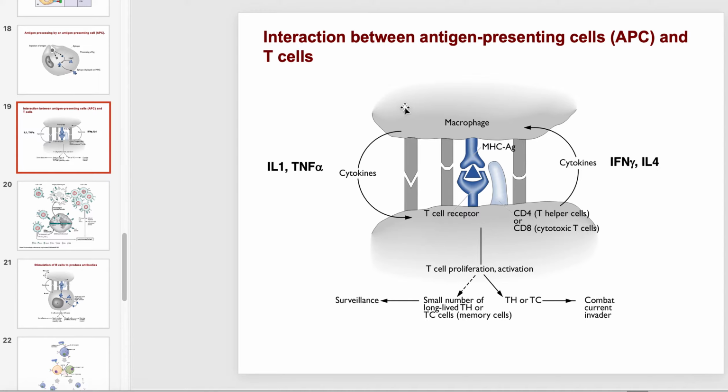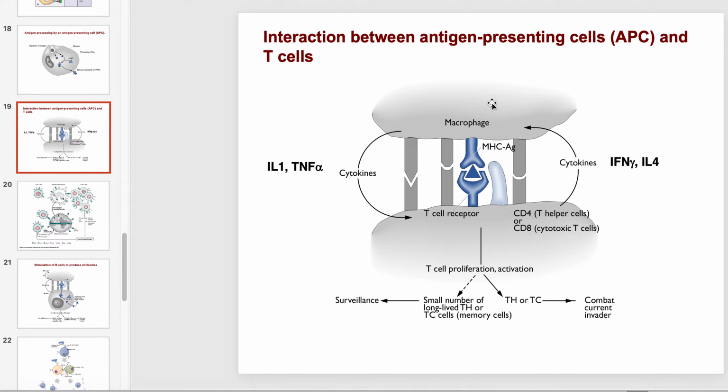So in this particular case, the macrophage presents the antigen on the MHC class 2. Here's the antigen right here, and it'll look for the right T cells that have the right receptor to recognize this. And so in this process, once the match is made, once the handshake is made, that stimulates the macrophage to produce some factors and the T cell to produce some factors.